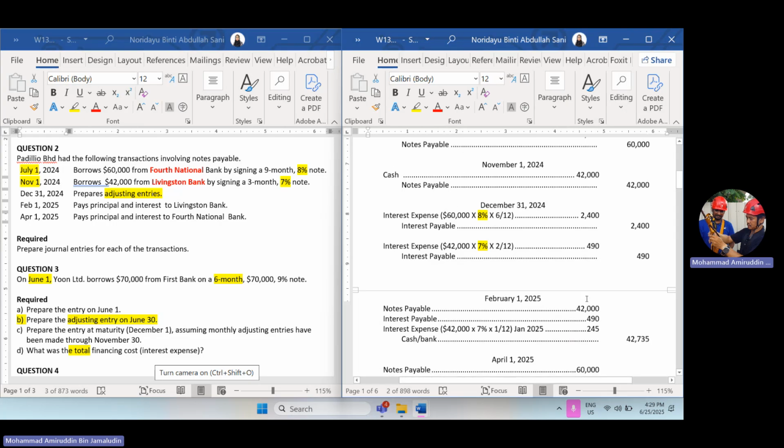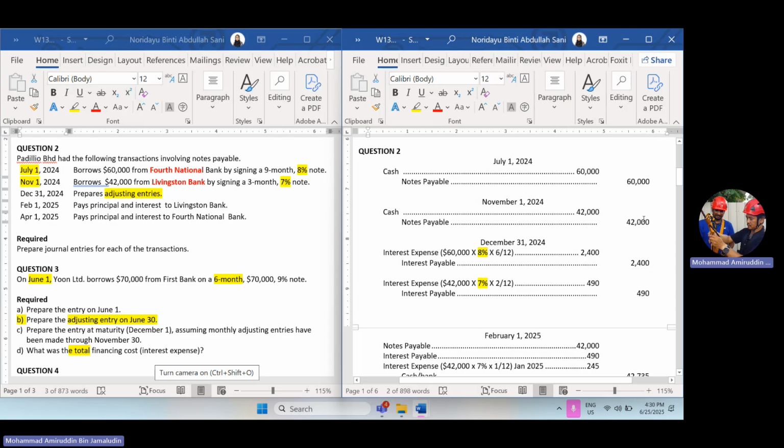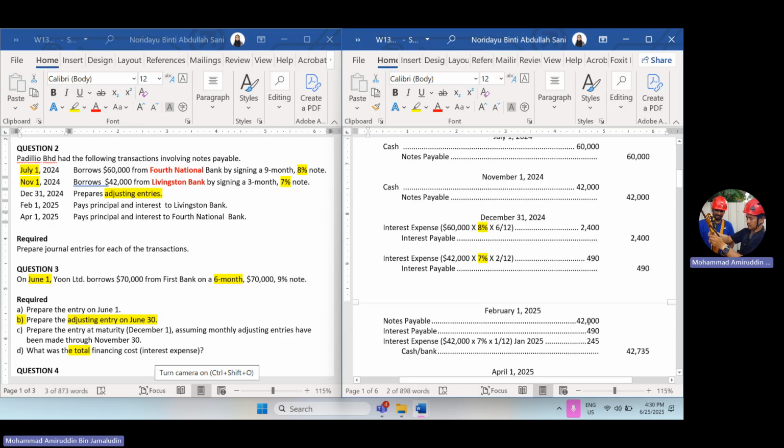Look at the double entry: debit notes payable against the earlier credit notes payable. It means you cancel it off, zero. So you settle your debt, your liability.